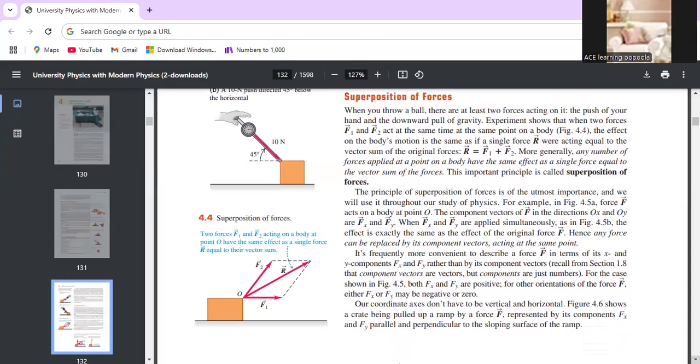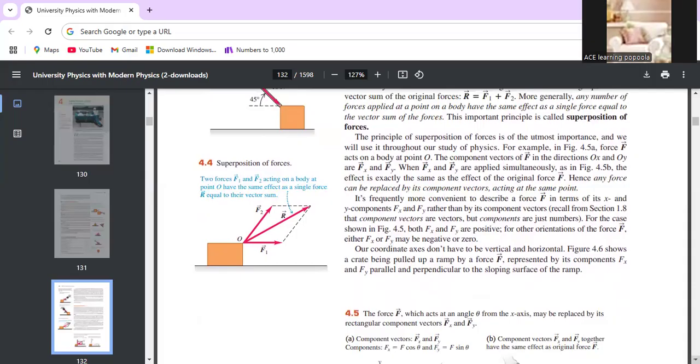Okay, so again, I repeat it. A resultant force is that single force that will have the same effect as several forces acting on an object at the same time.